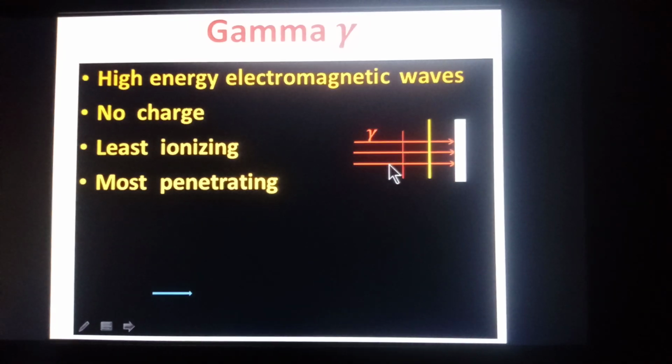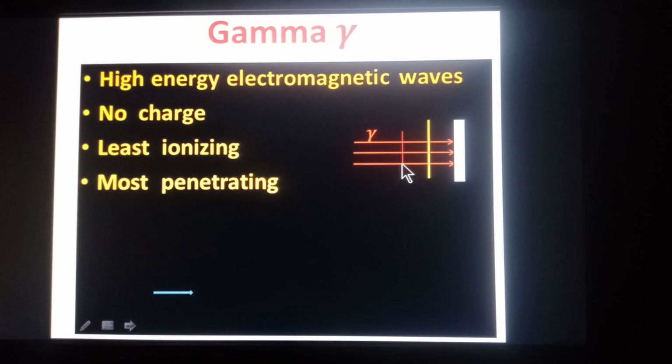They can pass not only through paper but also through aluminum foil where the beta particles were stopped. What will we do to stop them? We will use lead to stop gamma radiations, a thick plate of lead, because they are most penetrating.